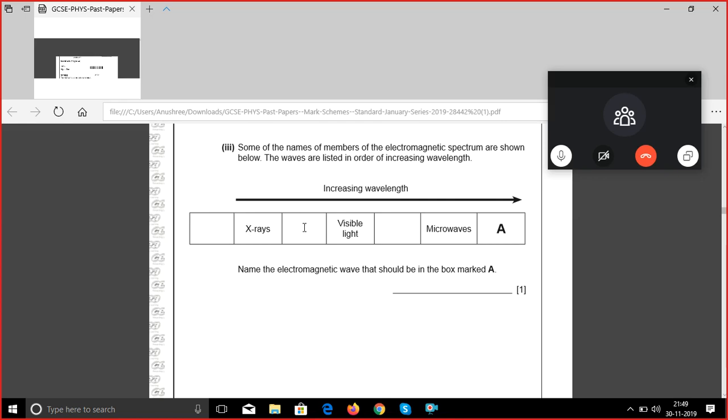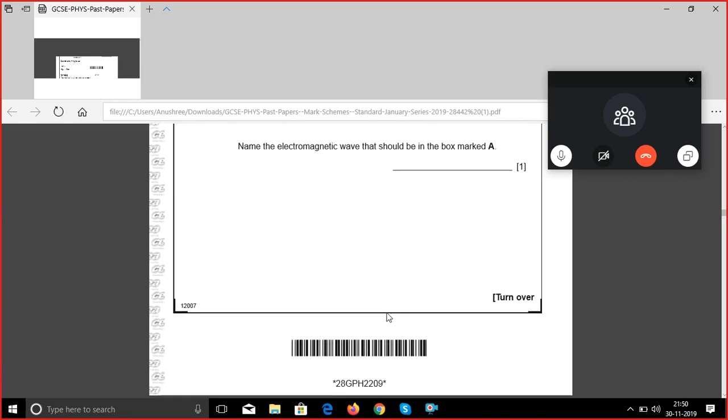Then it's ultraviolet, then visible, then infrared, then microwaves, and then radio waves. Yes, so radio wave has the highest wavelength and the lowest frequency.